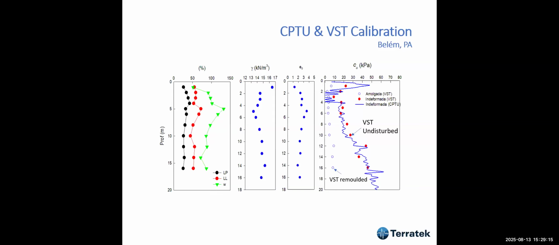Anyway, I was showing this slide from a particular site where we carried out an island of site investigation, in which we had the laboratory tests to get Atterberg limits, unit weight, void ratio, and here we have the CPT and the VST, and we see a very good correlation between the two.